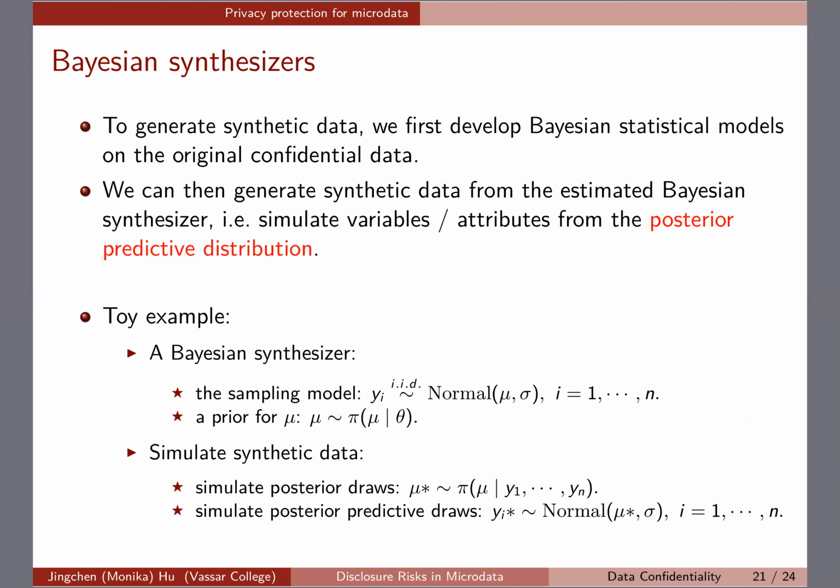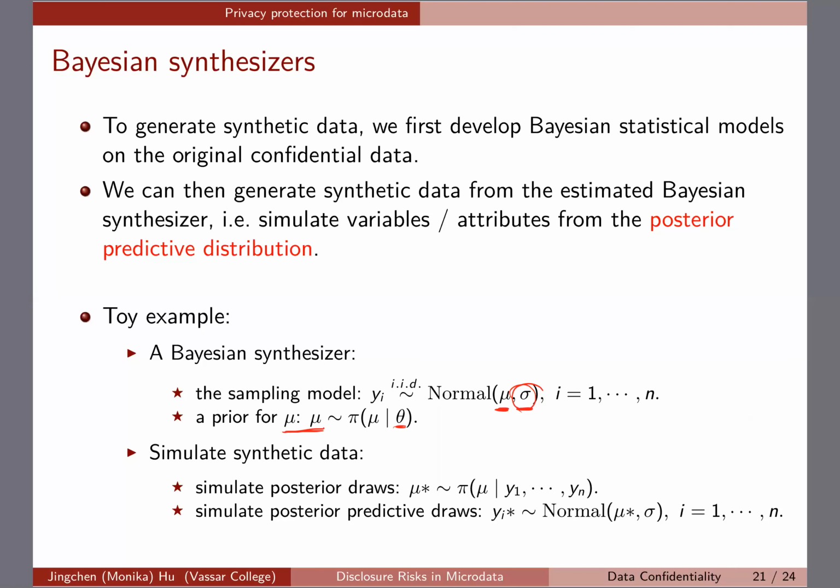What you can do is, if I assume the family income follows a normal distribution with mean mu and standard deviation sigma, and suppose sigma is fixed, just for simplicity, and I'm only trying to estimate mu, then I will put a prior for it, right?